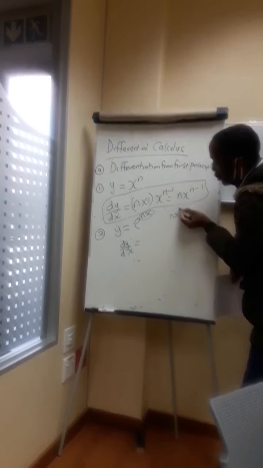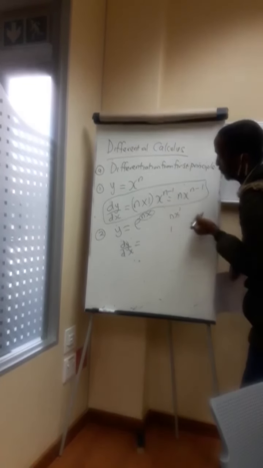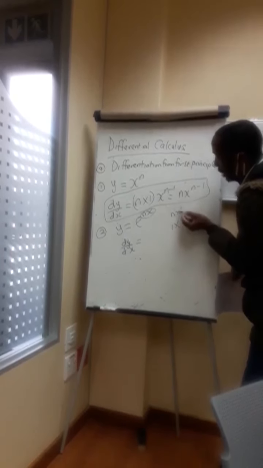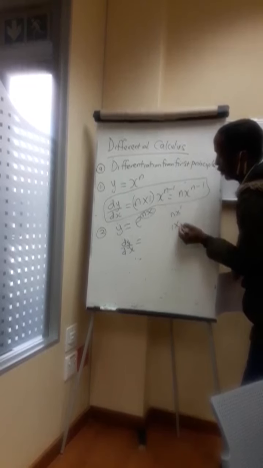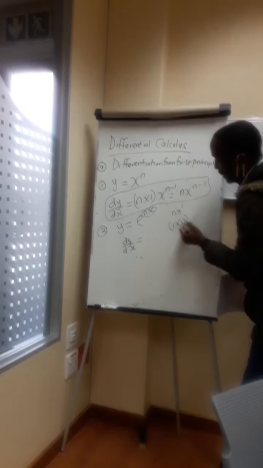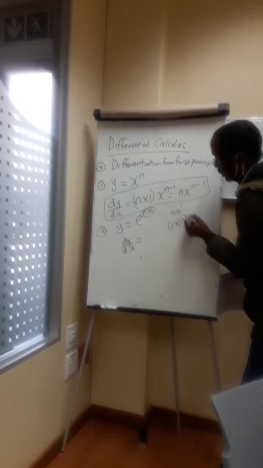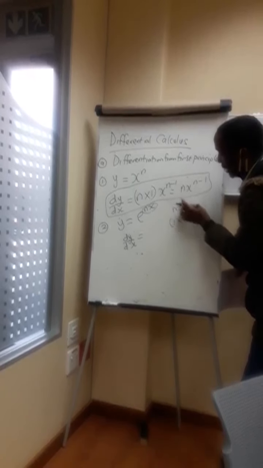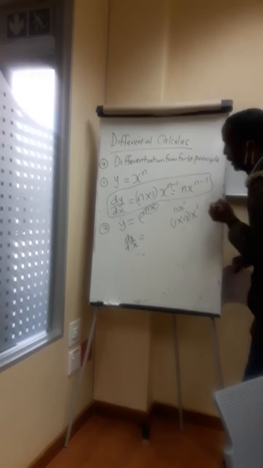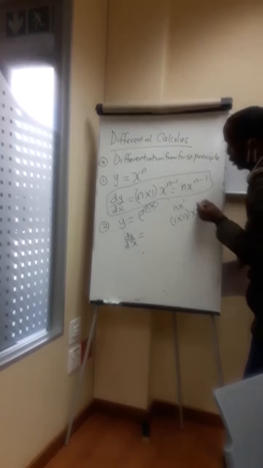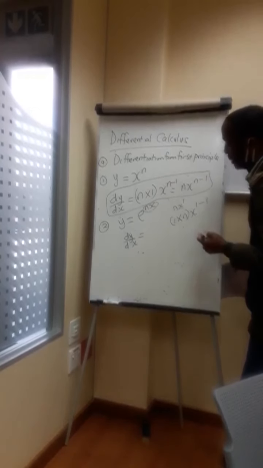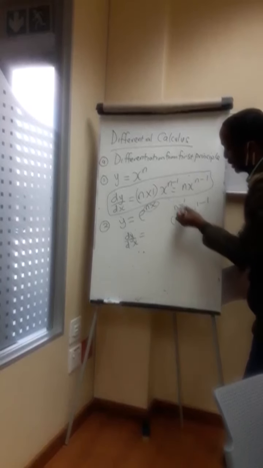I multiply the power, which is 1, with the coefficient of x raised to the power 1, which is n. That will be 1 times n, then raised to the power of your x. You take your x back, because you are looking at the mathematical function, this x raised to the power 1, you bring it back, then you subtract 1 from the power, using this principle that I've explained in the first example. So that's how we differentiate your nx.